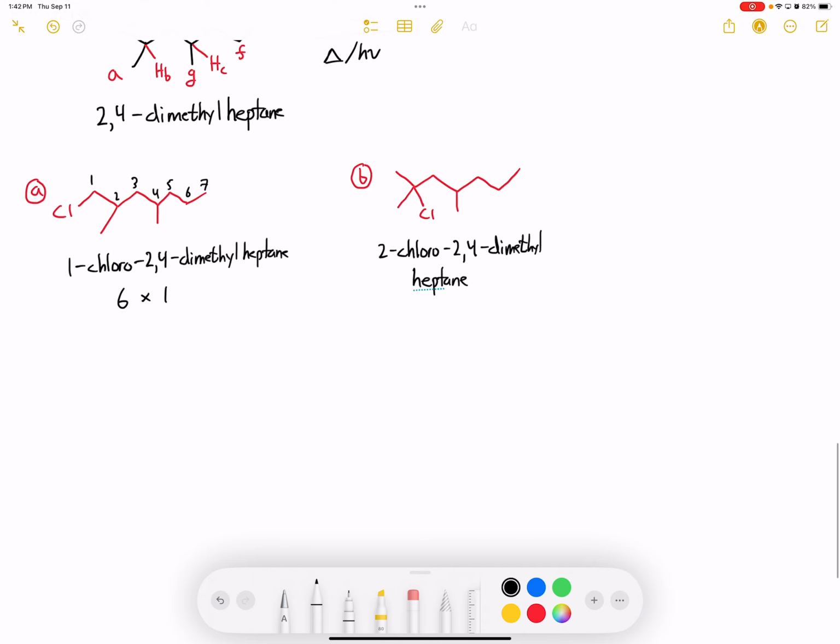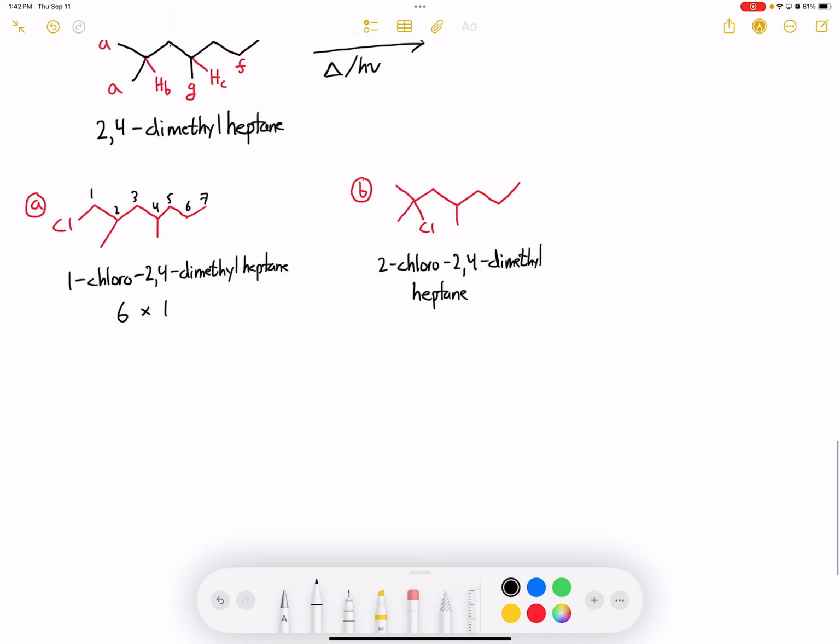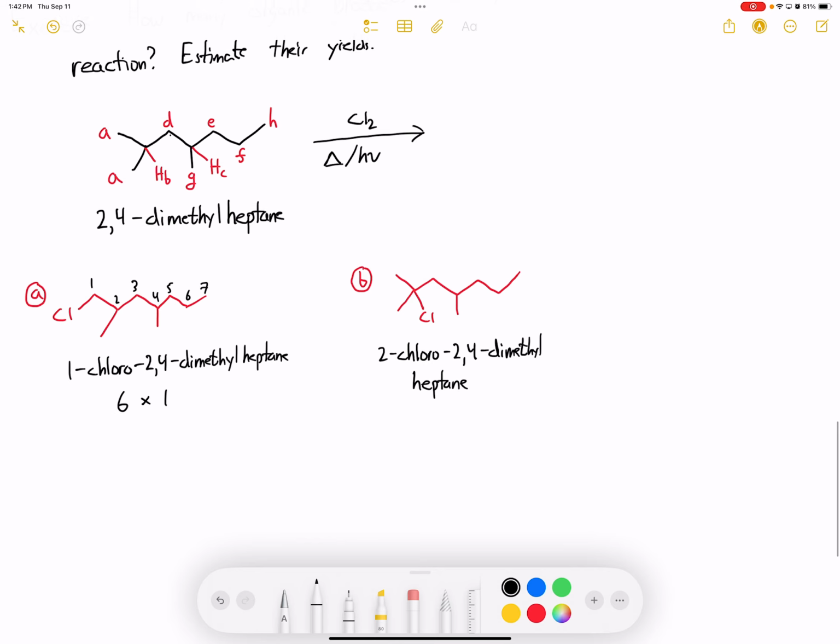So what position is that? Is that hydrogen on a primary carbon, secondary carbon, or tertiary carbon? Tertiary, good. So how many of this type of hydrogen do we have in our molecule? 1.